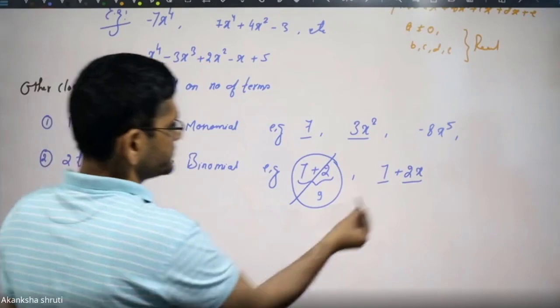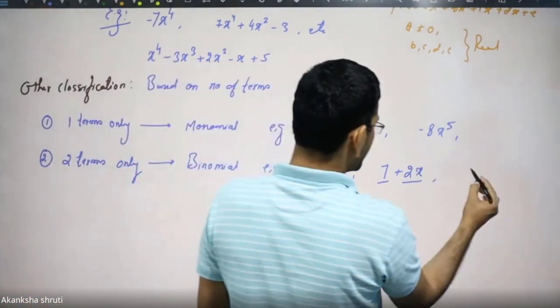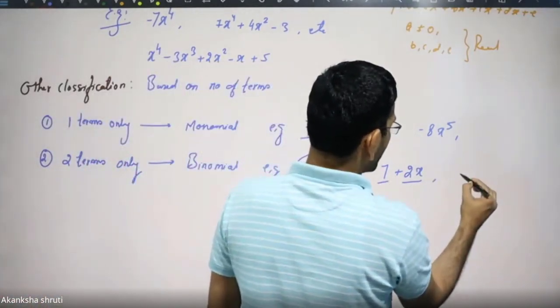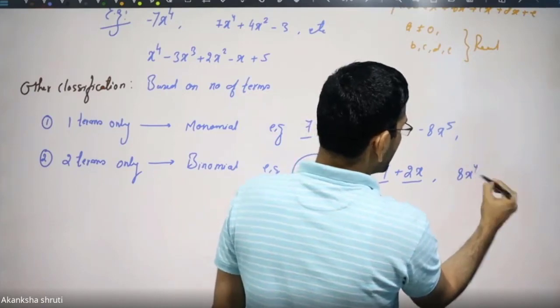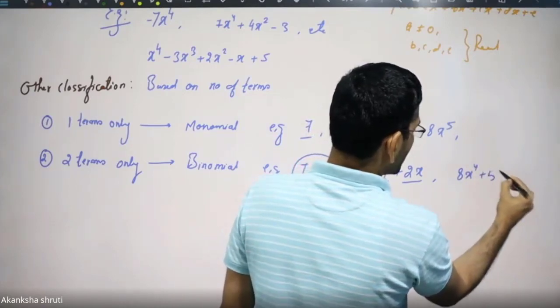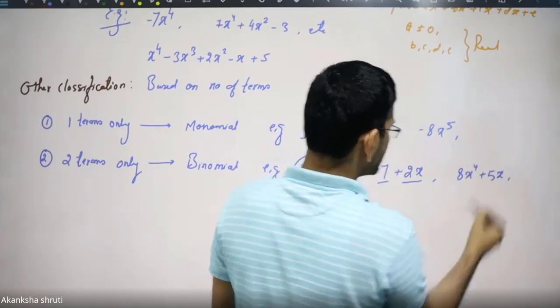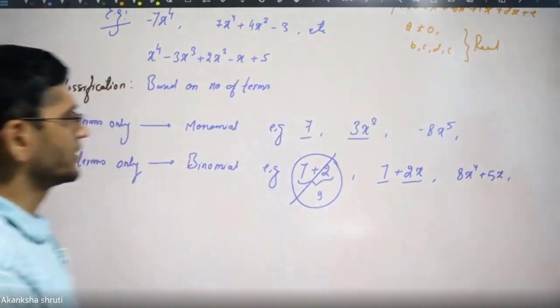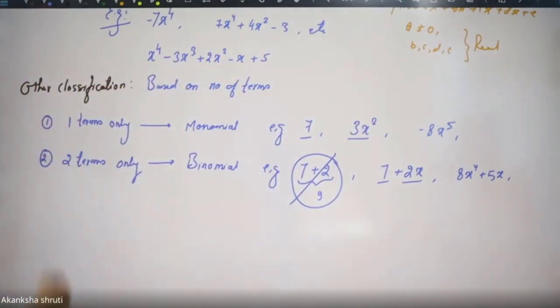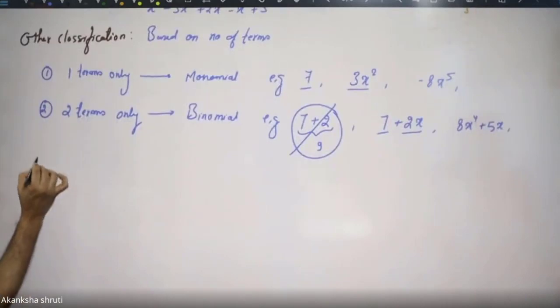Any degree there can be, say 8x to the power 4 plus 5x you are writing? Yes, it is also a binomial. Just for understanding or recalling, I am using this.